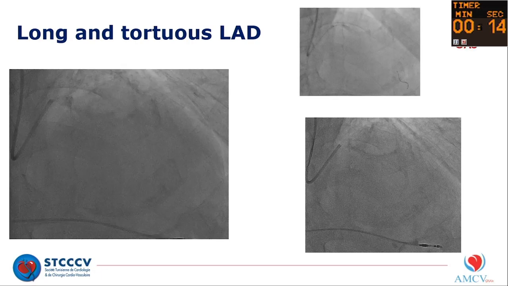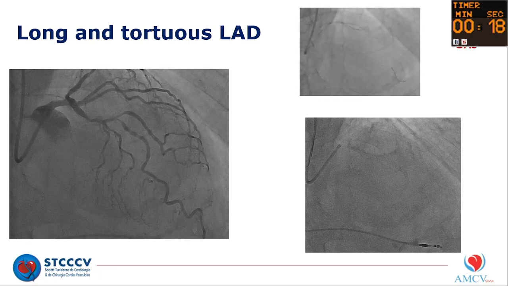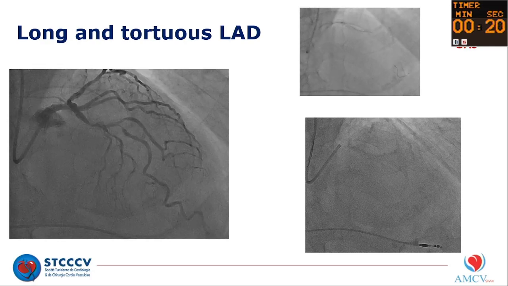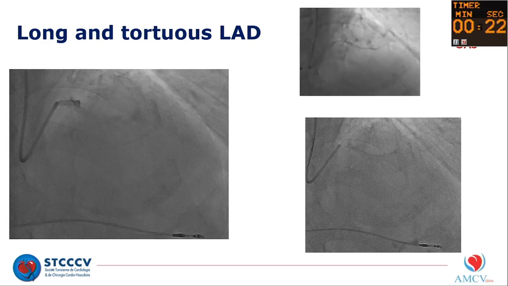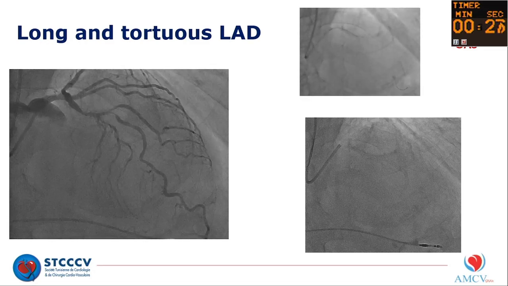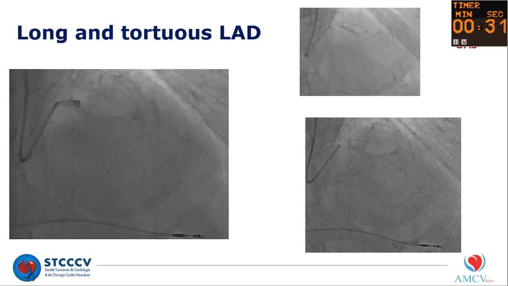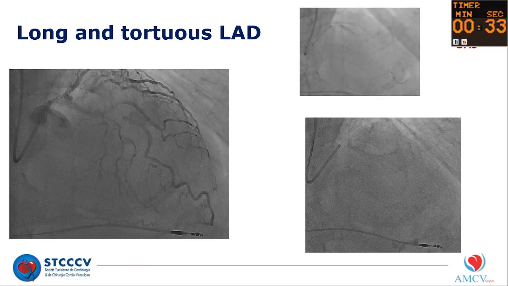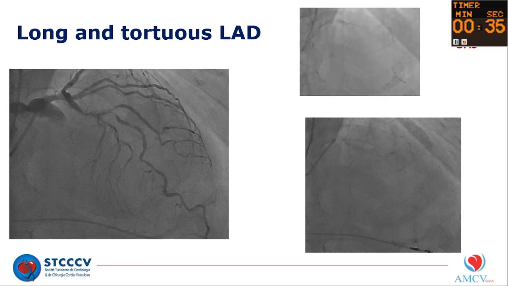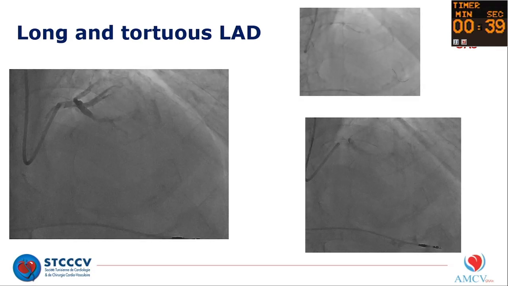On this long and tortuous LAD lesion with two bifurcations, very calcified, old patient, we decide to treat this lesion with orbital. It was the first patient during PCR 2 years ago, and we are very proud to show that. And you see a very, very nice result.